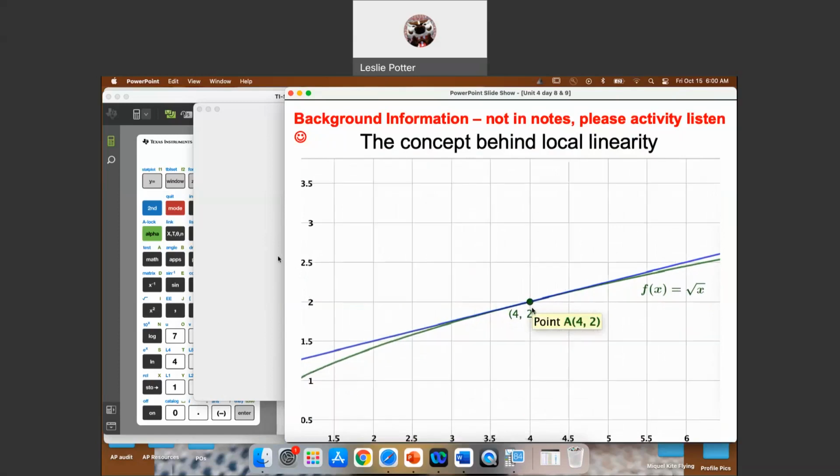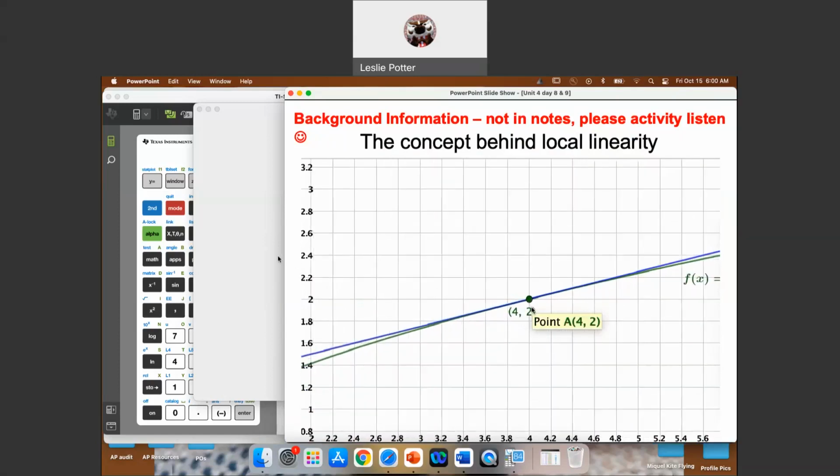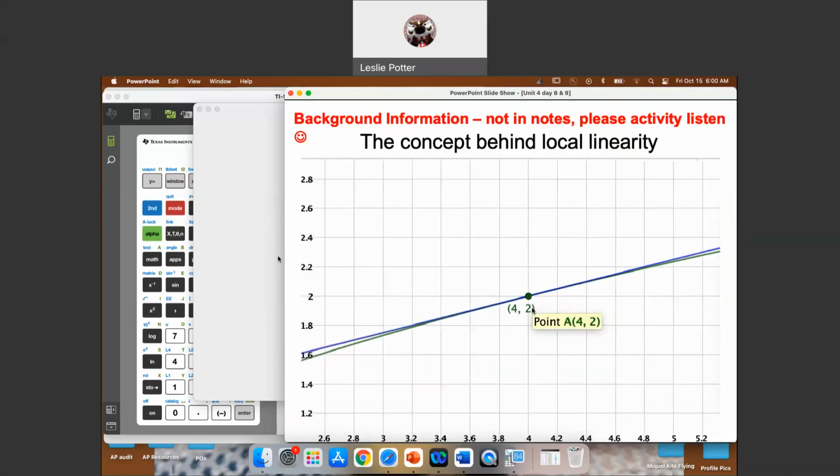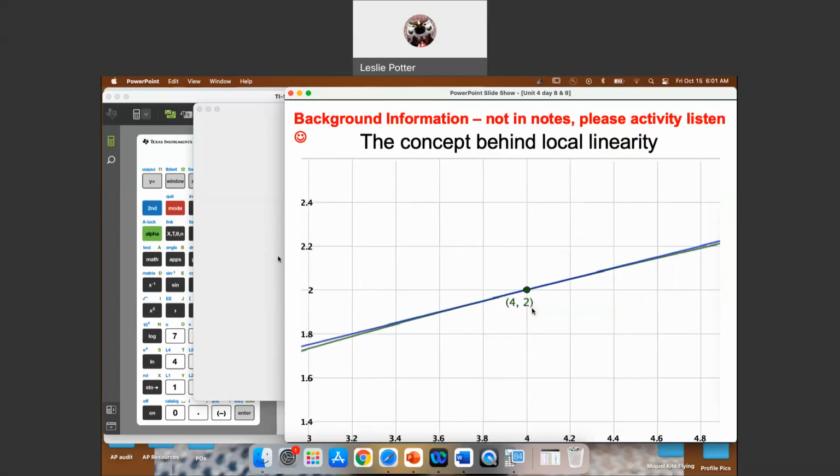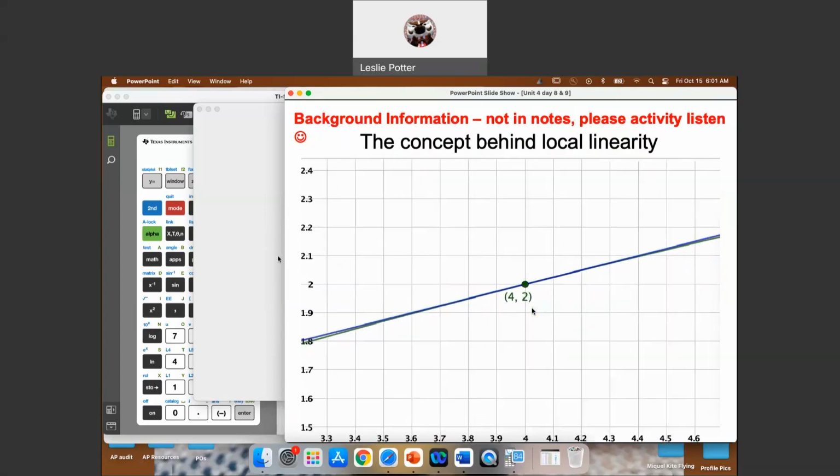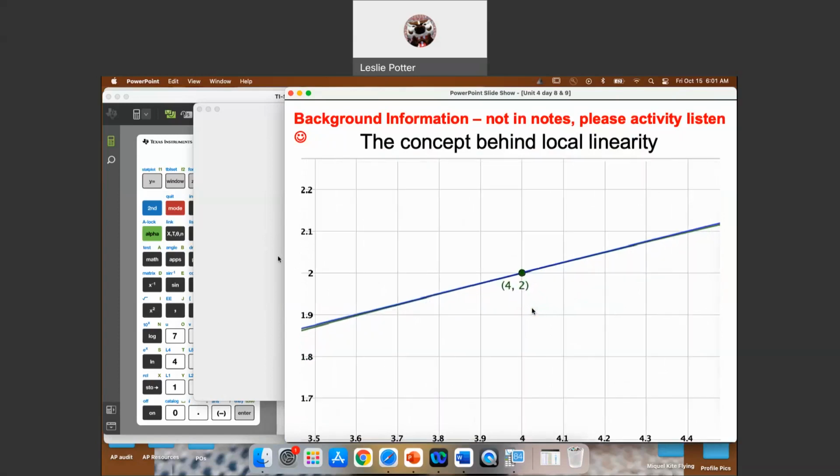If I zoom in, and keep zooming in, looking at the scales, you can see I'm looking at the immediate surroundings of x equals 4. You can see that the curve and the tangent line basically look like they're the same.